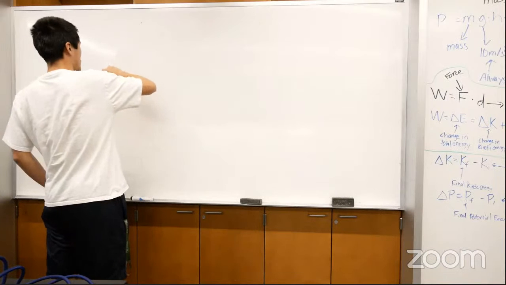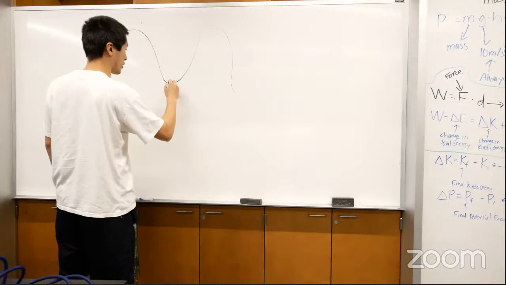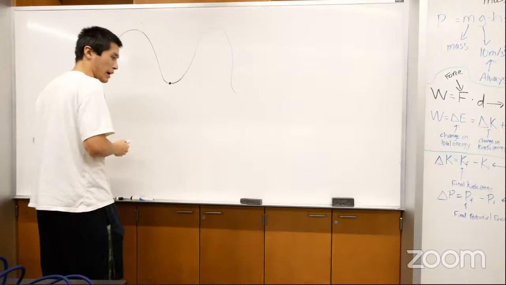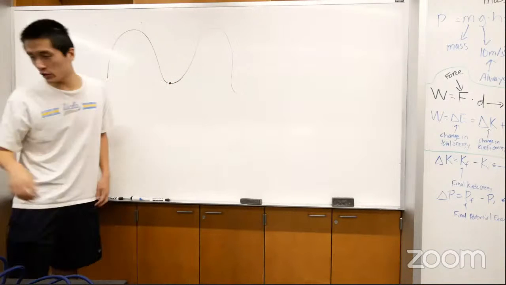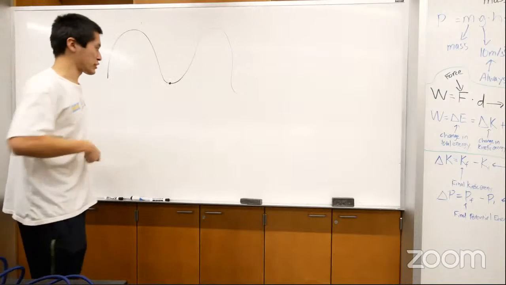Basically what's happening is you have two hills, and right around here, we want to figure out how much kinetic energy we actually have after we lost a bunch due to friction.